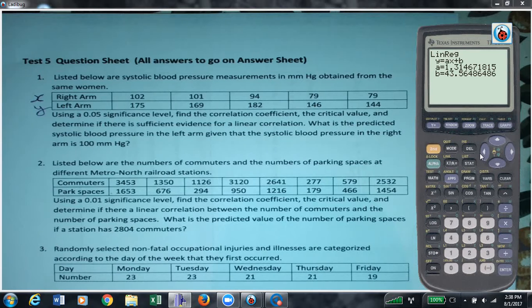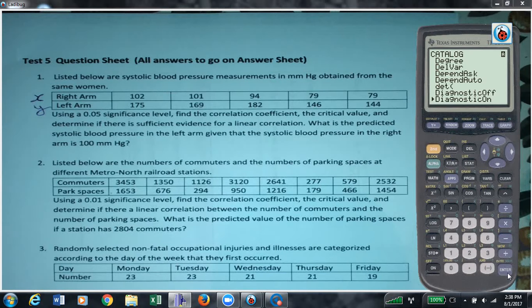Because you have to turn your diagnostics on. So to do that, I need to get into the catalog. So I need to press second and then the 0. And I need to come down here to diagnostics, if I remember it right. And I want diagnostics on. So press enter. Done. Now let's try that again. Let's go to Calc.